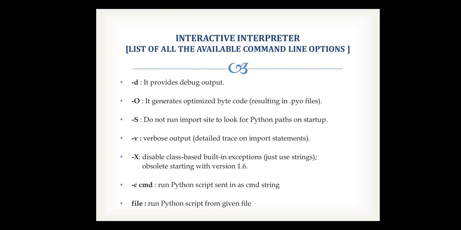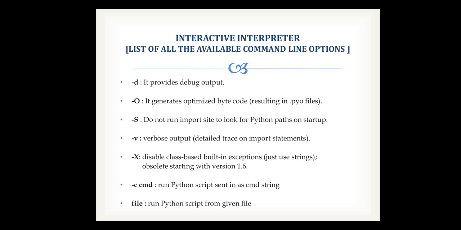Here is a list of the available command line options which are used with the interactive interpreter. -d provides the debug output. Capital -O generates the optimized byte code. -S is used to not run import site to look for the Python path on startup. -v is verbose output, a detailed trace on import statements.